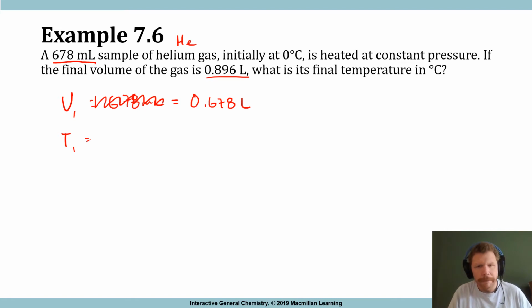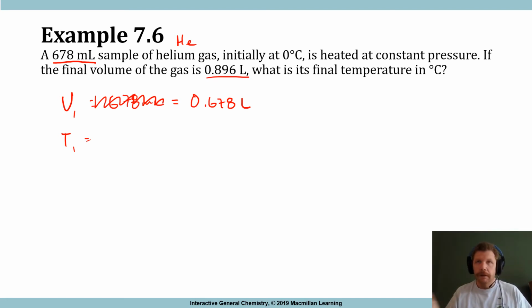Now, I was looking at temperature in Kelvin versus Celsius. I don't have to worry about changing those when working with a change in temperature, because if something increases 1 Kelvin, it increases 1 degree Celsius.